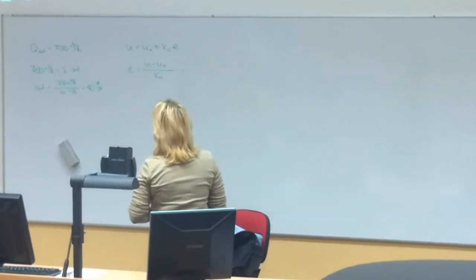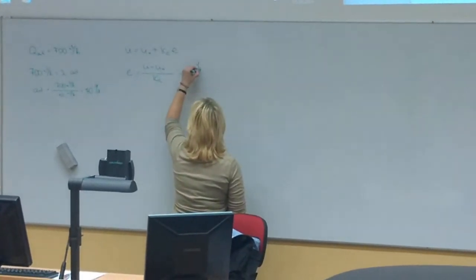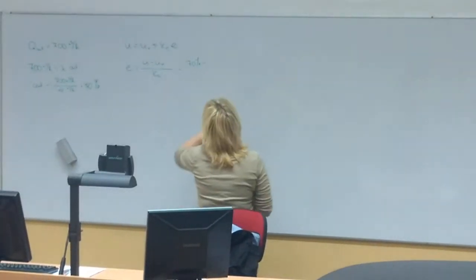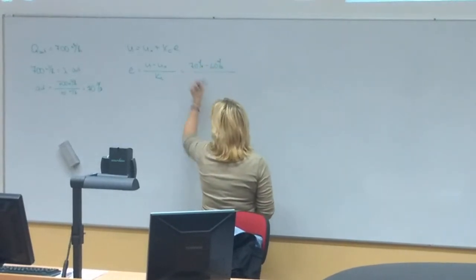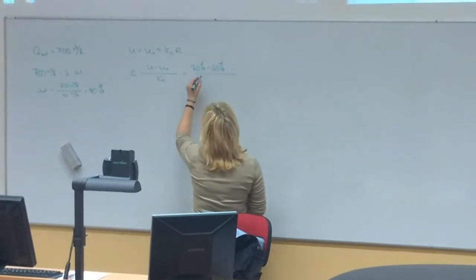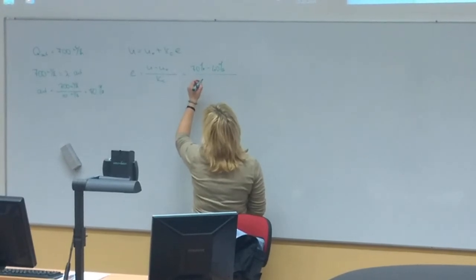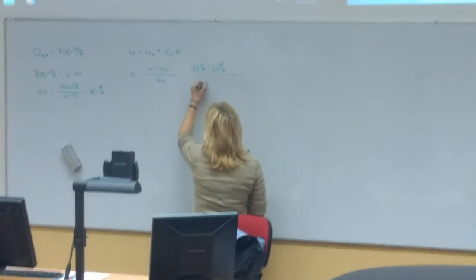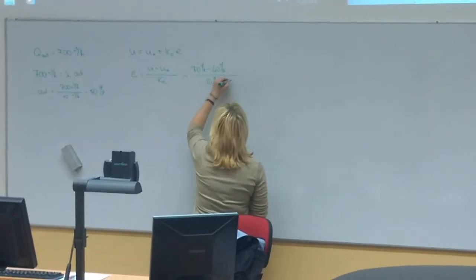So for that matter, our final output is 70% minus our initial 40%, and then we divide by the gain, which is 10% per percent.